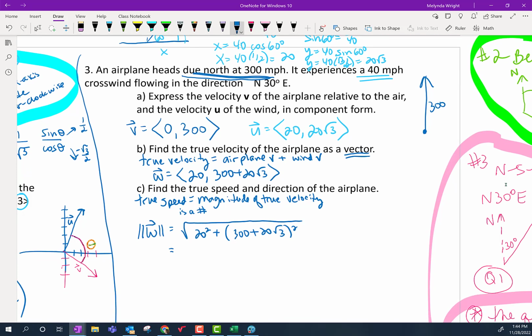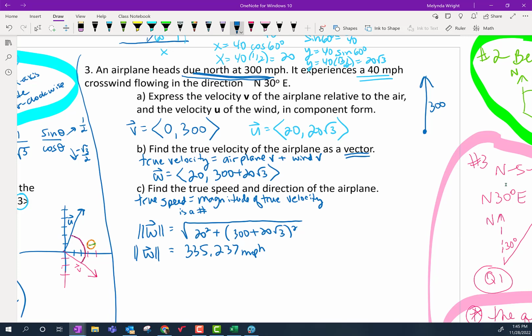The true speed is 335.237 miles per hour. So we were correct in our observation that it would help the plane go faster, because the plane was actually heading due north at 300 miles per hour, but it's really going a little faster than that because of the wind.